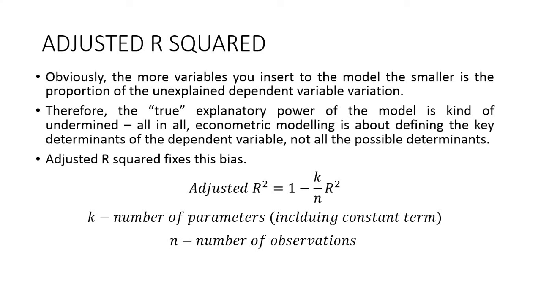So, adjusted R-squared is calculated according to the following formula. As before, K stands for the number of variables, N stands for the number of observations. It is actually the value of R-squared adjusted for the number of variables you use in your model.